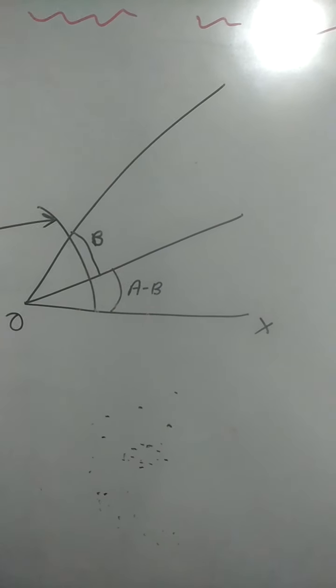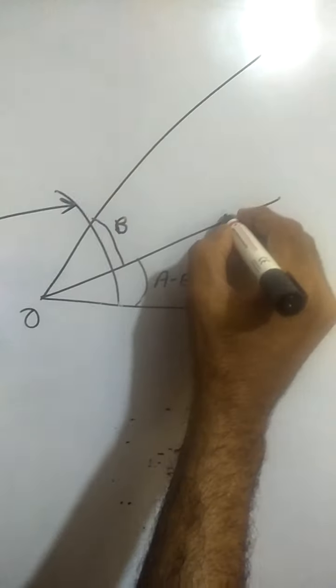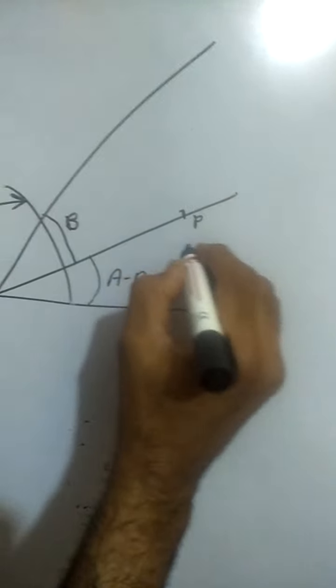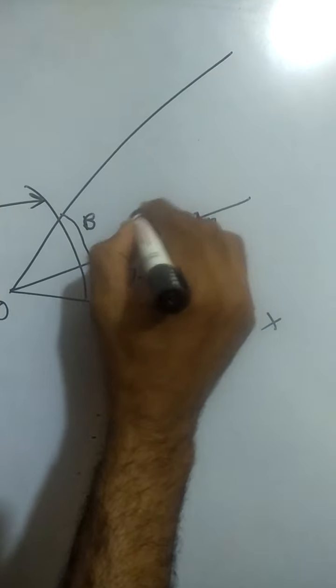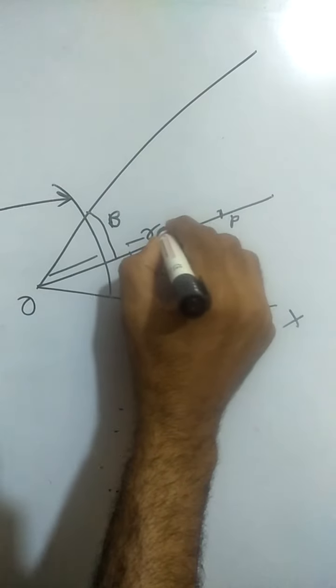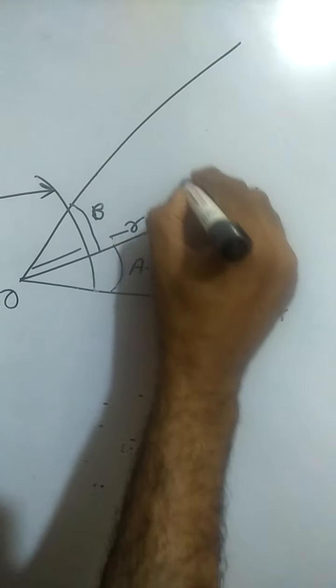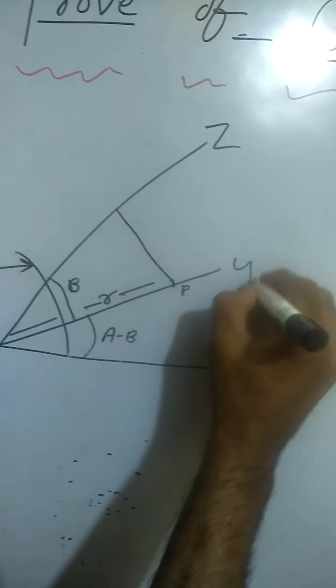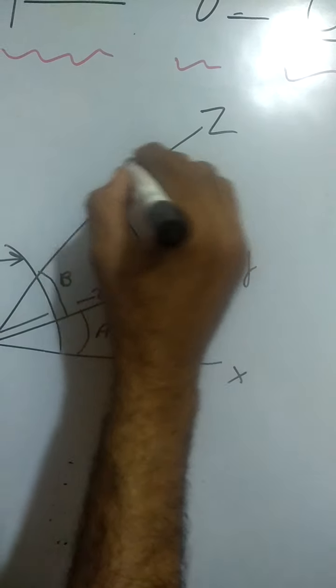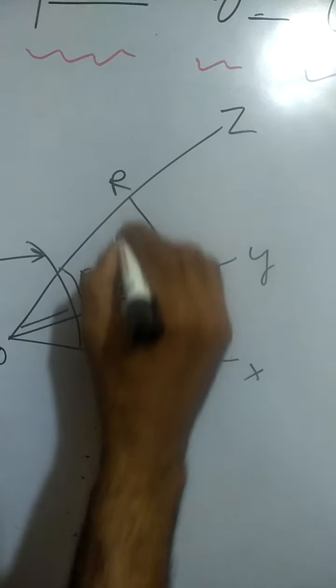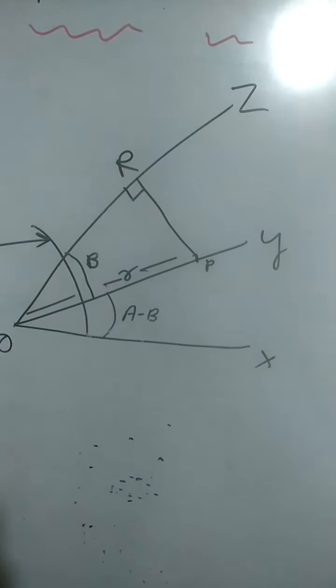Next, first of all take OP, where OP is equal to R. From the point P, draw a perpendicular on OZ at R. This is equal to 90 degrees.